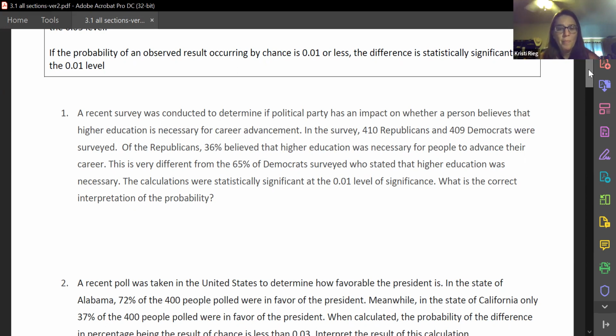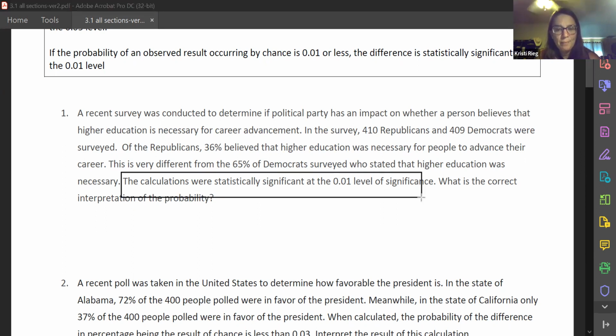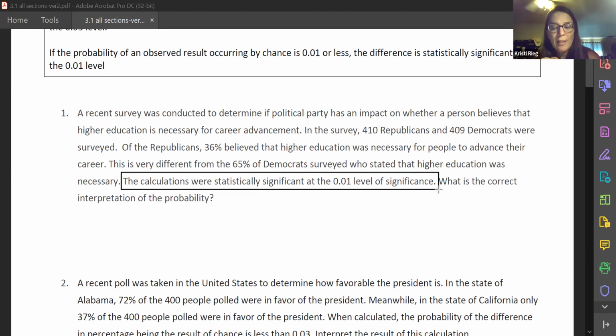And then it says that the calculations were statistically significant at the 0.01 level of significance. So what is the correct interpretation of the data?